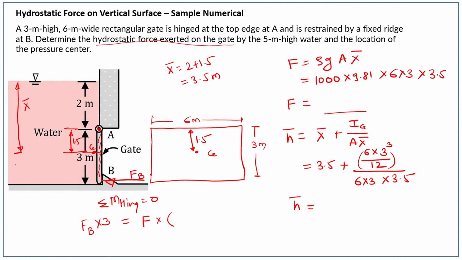Let us consider your hydrostatic force is acting at this point. So this will be the height h bar, but we want the distance up to the hinge only. So that will be h bar minus 2 meter. By using this, you can find out the force exerted at point B.